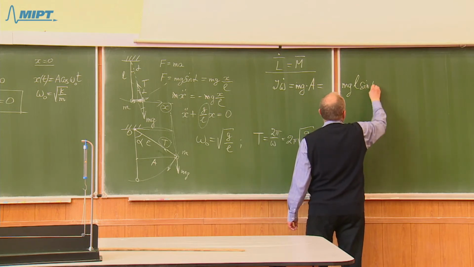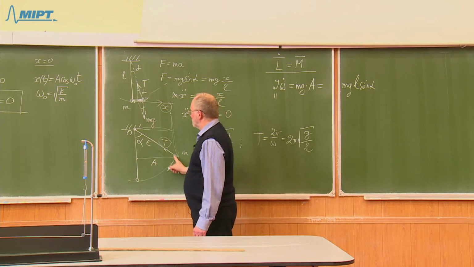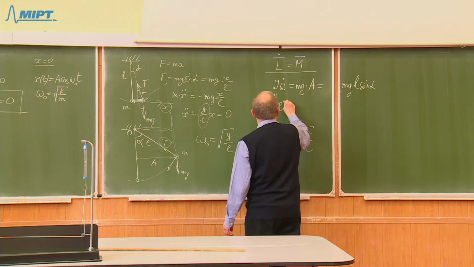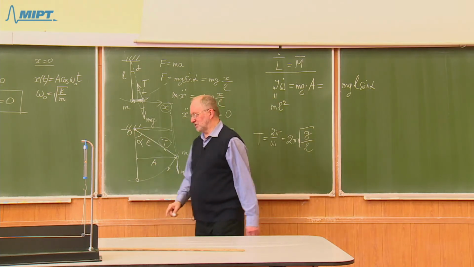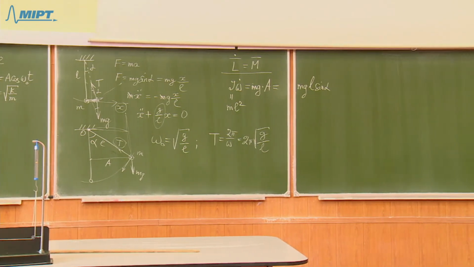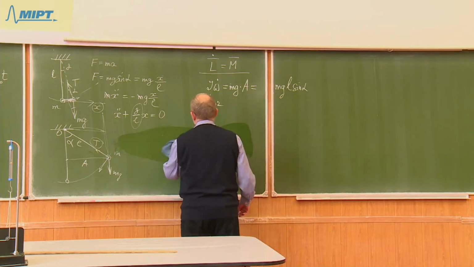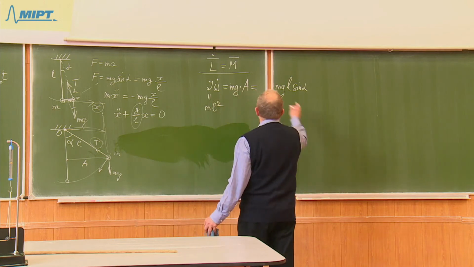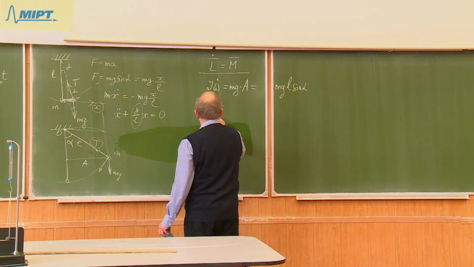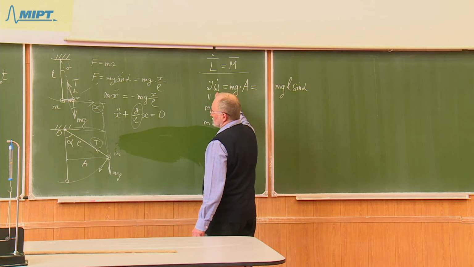L sine alpha. And the moment of inertia of the small body about this axis of rotation will be ml squared by definition. So using all these equations, I will have ml squared, which is the moment of inertia, times omega dot.